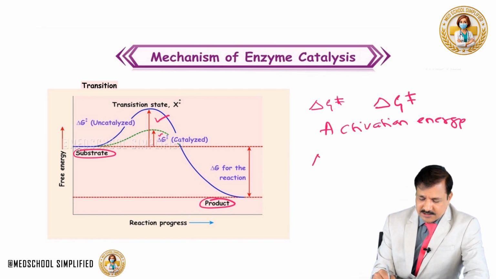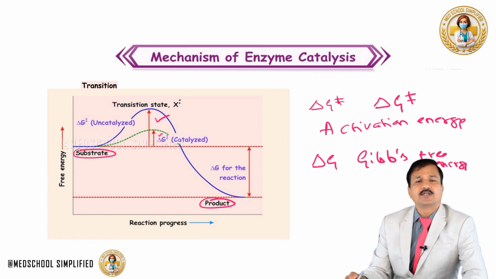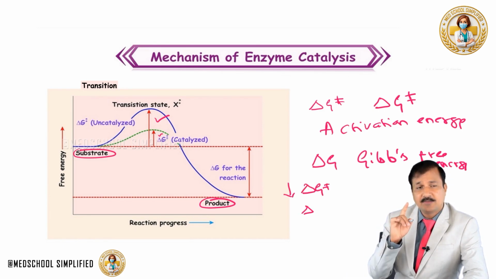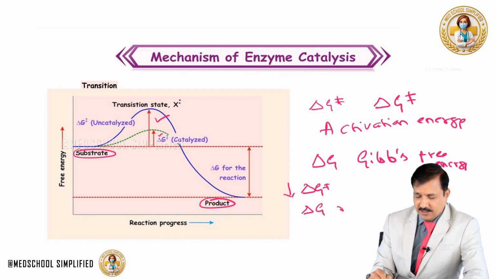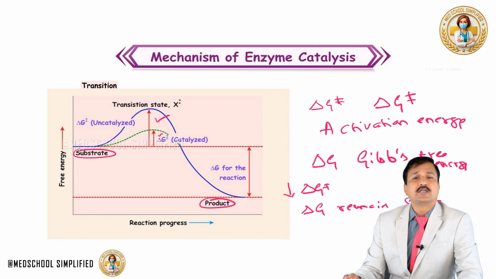That's why delta G, the Gibbs free energy, remains the same whether it is a catalyzed or uncatalyzed reaction. To put it in other words, an enzyme catalyzed reaction decreases delta G plus plus, whereas delta G remains the same. And this is what happens in an enzyme catalyzed reaction.